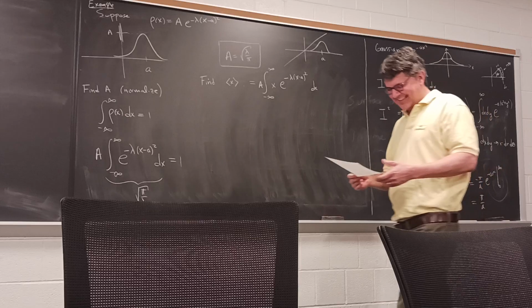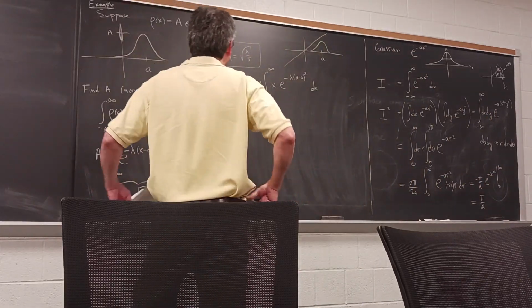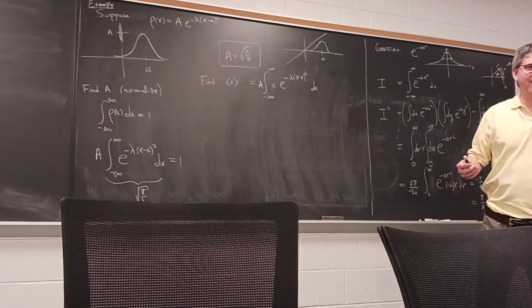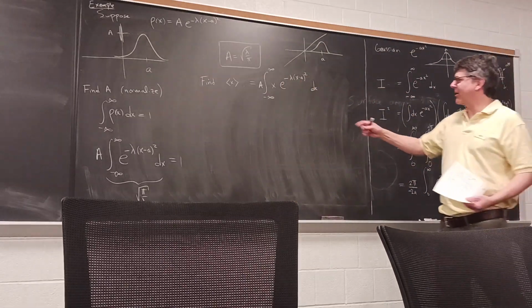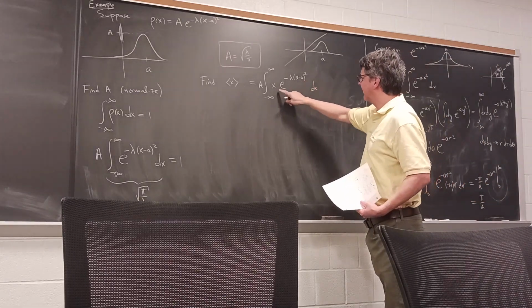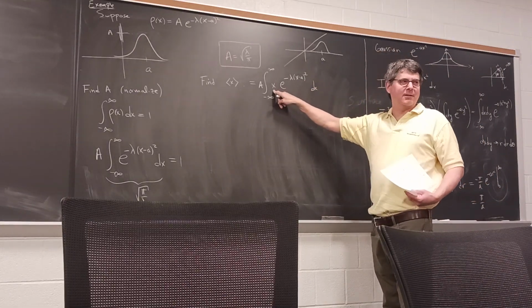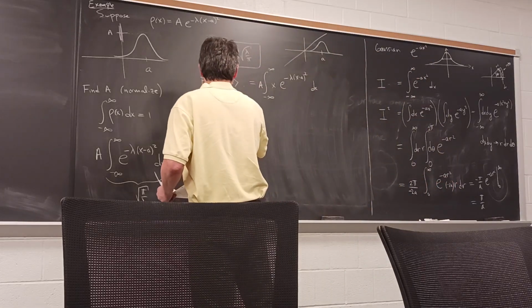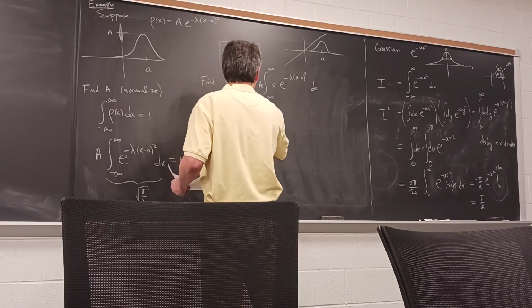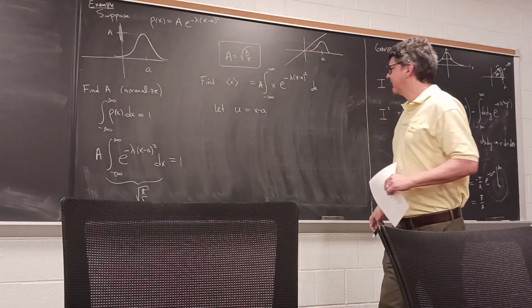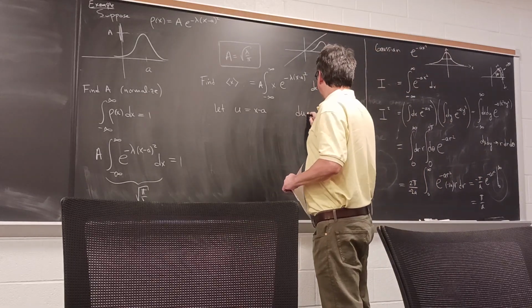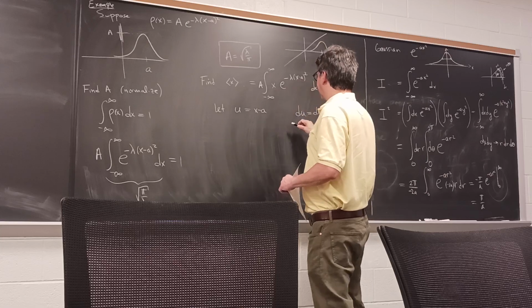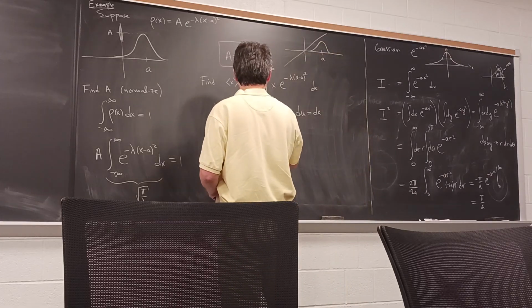Okay, so you solve this by substitution because what do you want to do? You want to shift the Gaussian back to 0, and then you'll just get a linear term in the x. So here we can let u equals x minus a. Then du is just dx, a is a constant, and x is equal to u plus a.